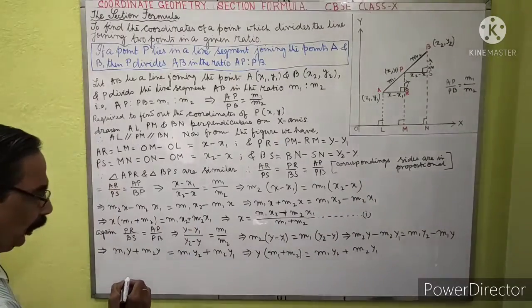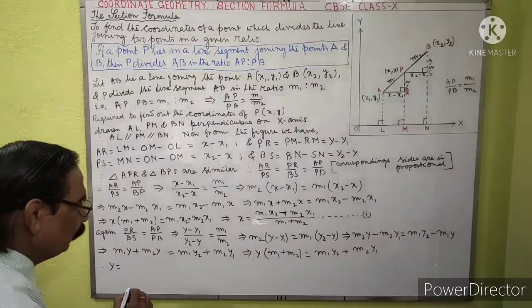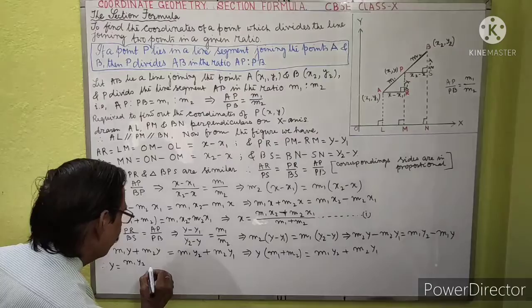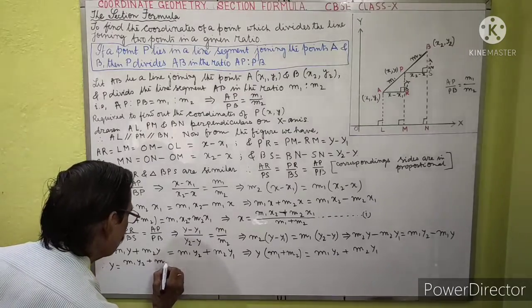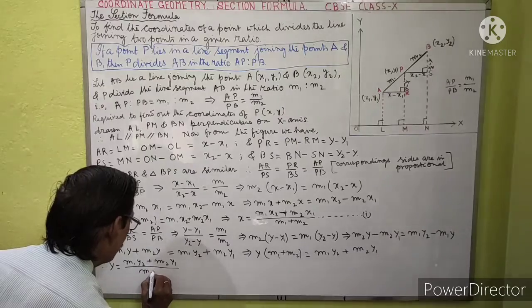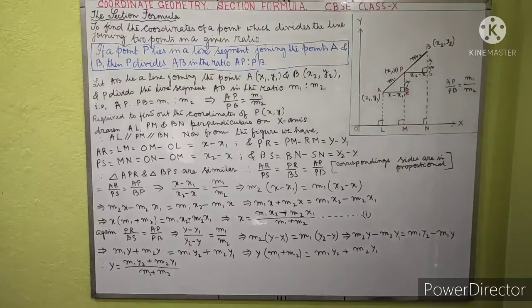Therefore y equals (M1 y2 plus M2 y1) by (M1 plus M2).